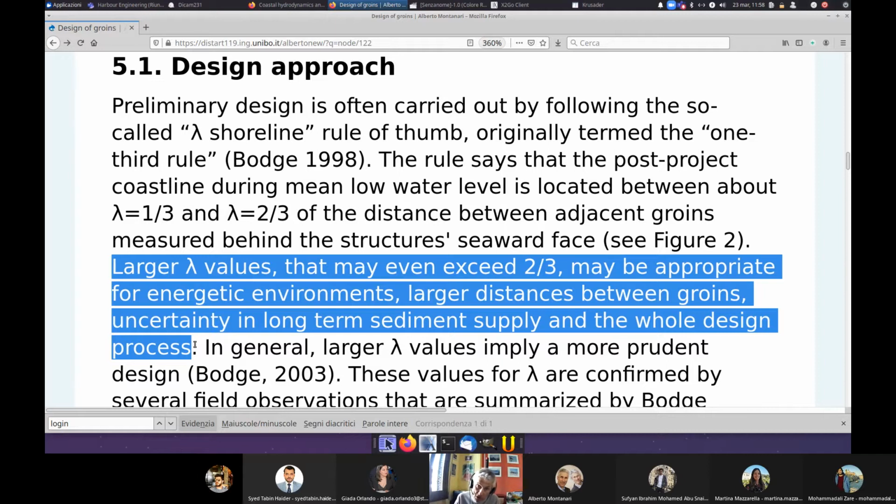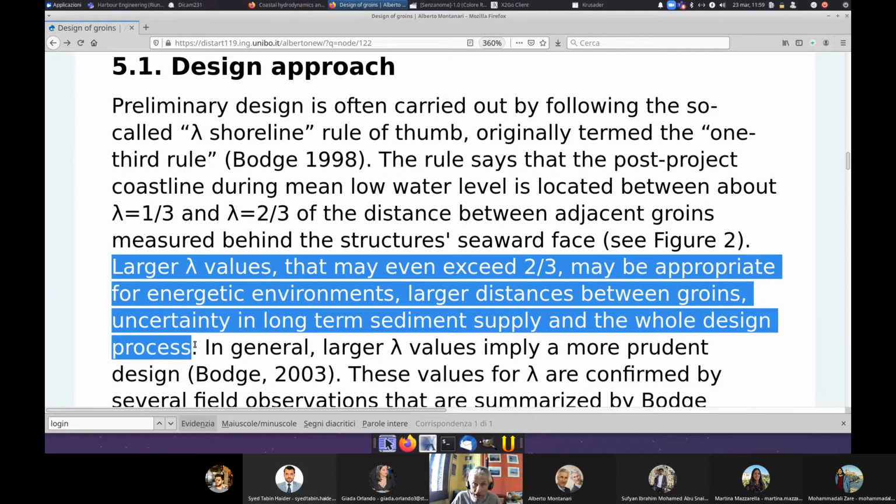Remember that the erosion potential is related to the energy of waves. So a more energetic environment means a higher capability of waves to mobilize sediments. Therefore, in energetic environments, be aware that it may take a longer time to reach the final configuration of the beach, and the groins may be less effective.